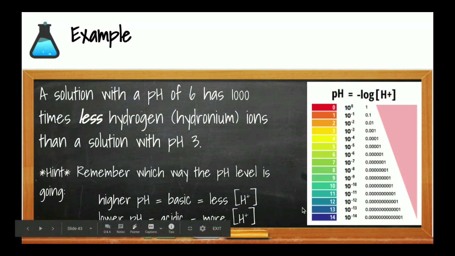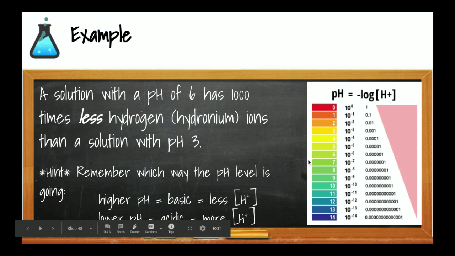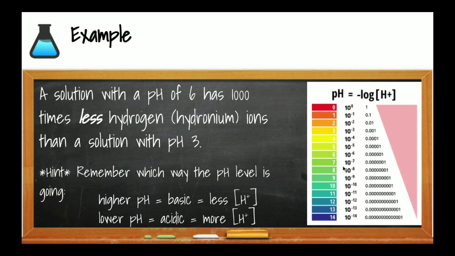And the opposite is true as we decrease pH. So in this example, you can see that when we move from a pH of 6 to 3, the hydronium ion concentration is going to change 1,000-fold. So in order to see how much of a change there's going to be, just take the difference in pH and find the 10 to that power.